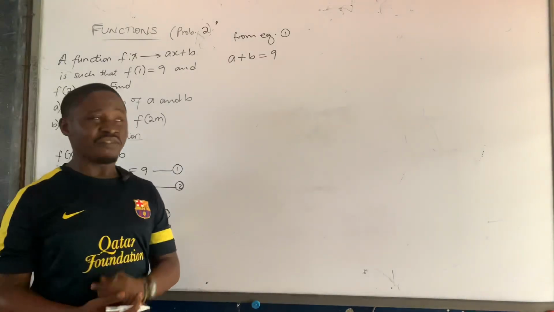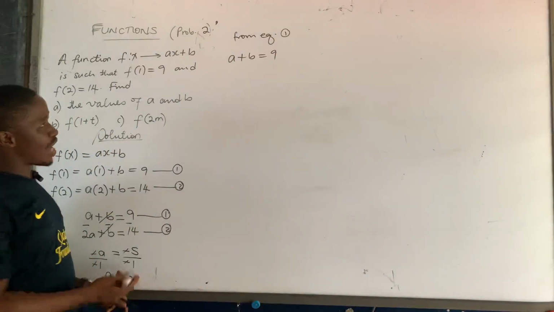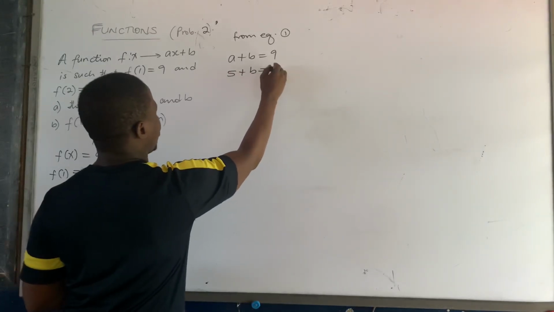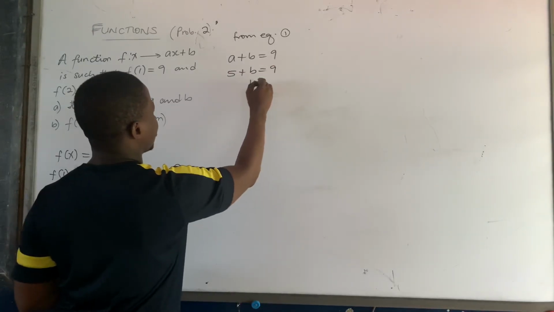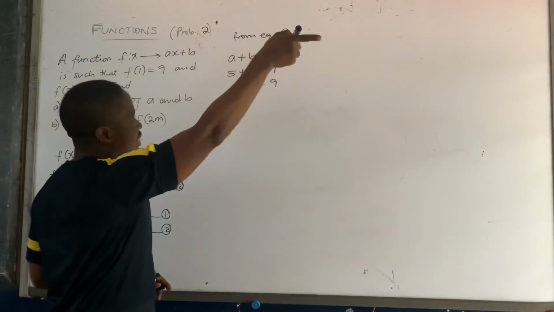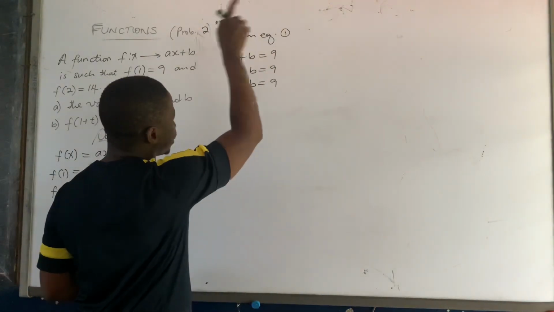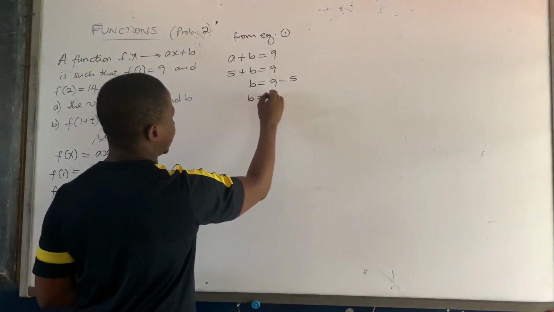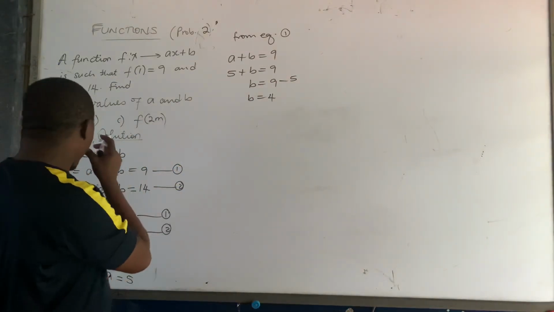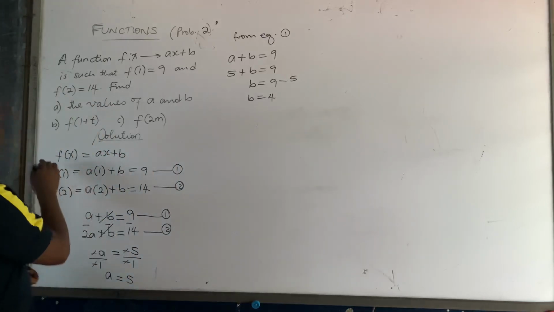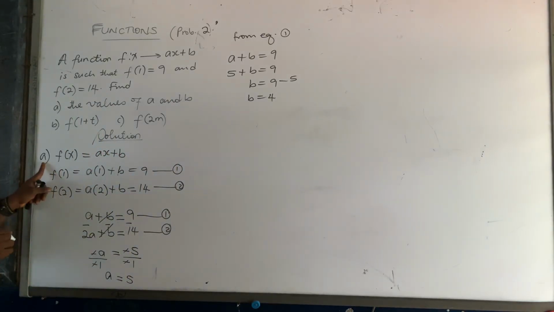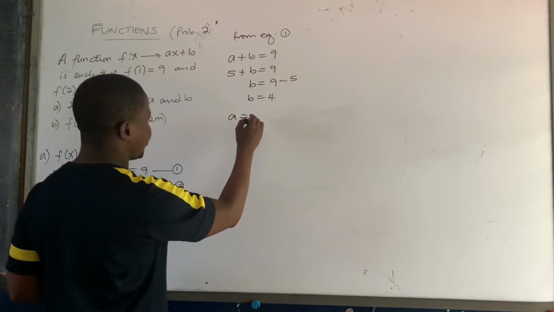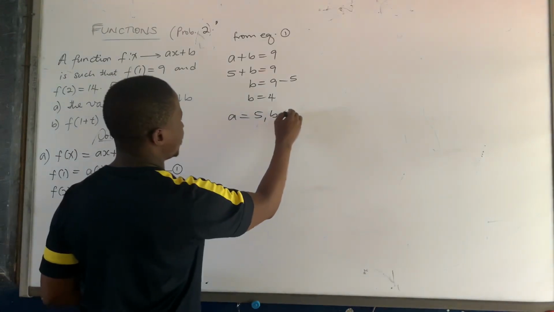But a is already 5, so 5 plus b is equal to 9. We move the 5 to the right-hand side, and the sign changes to minus 5. So b is equal to 4. So a is 5, and the value of b is 4.